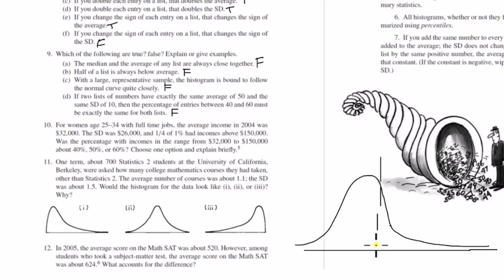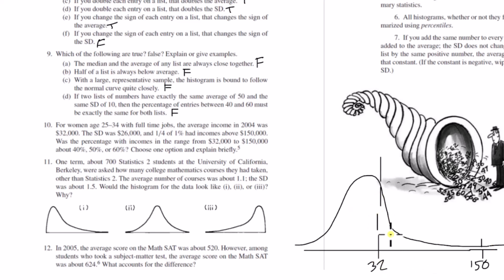Here's the average. This would be 32. And then pretty much the upper point is 150. Oh, okay, we could probably figure this out. What do we know about the average?